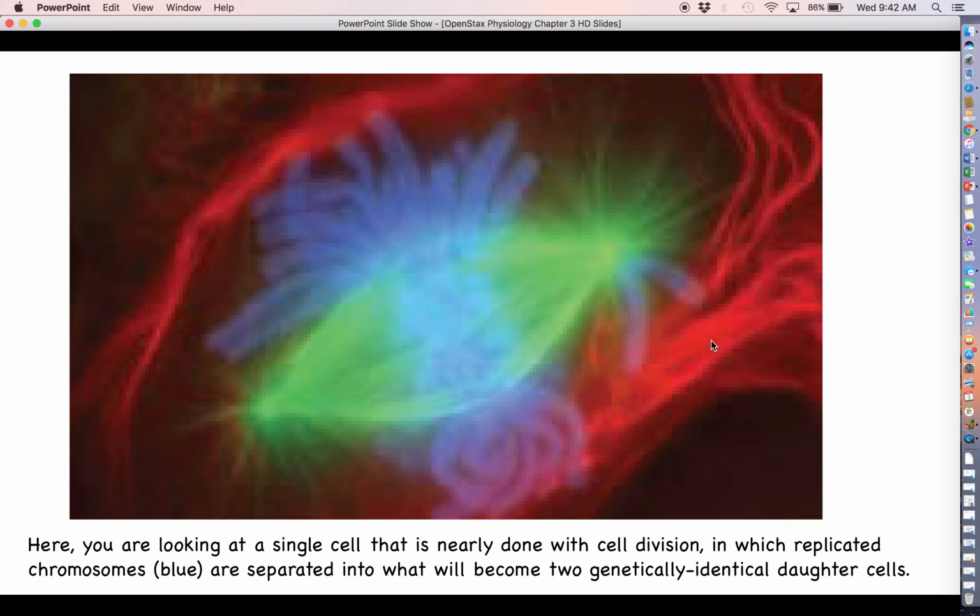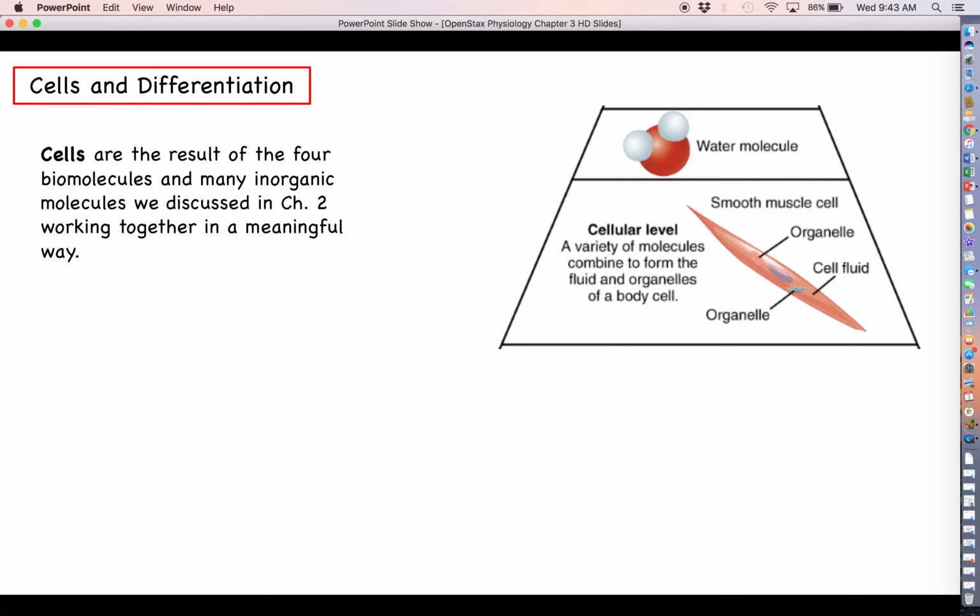In red here, we have the actin cytoskeleton that is just underneath the plasma membrane. It's also a protein. The plasma membrane, of course, is made up of lipids and proteins and carbohydrates. So this is a really nice picture in as much as we're not really going to be talking about the process of cell division itself, but it demonstrates nicely how all these things work together.